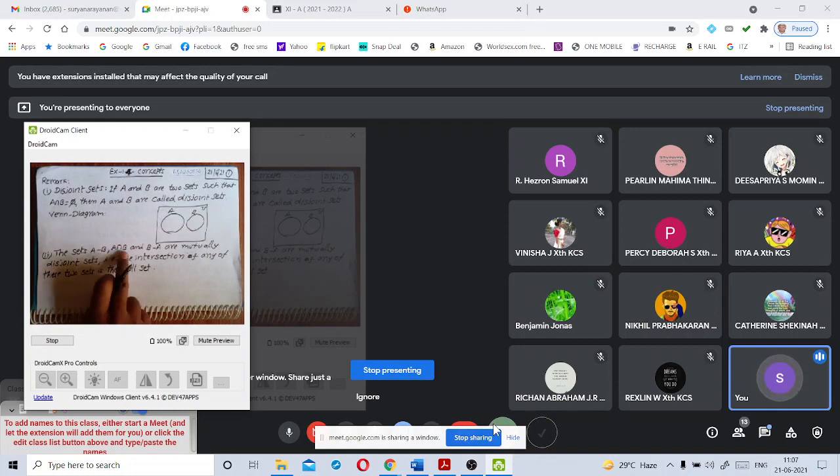Here there are three sets, namely A minus B, A intersection B, and B minus A. Now let us represent these three sets in the Venn diagram.